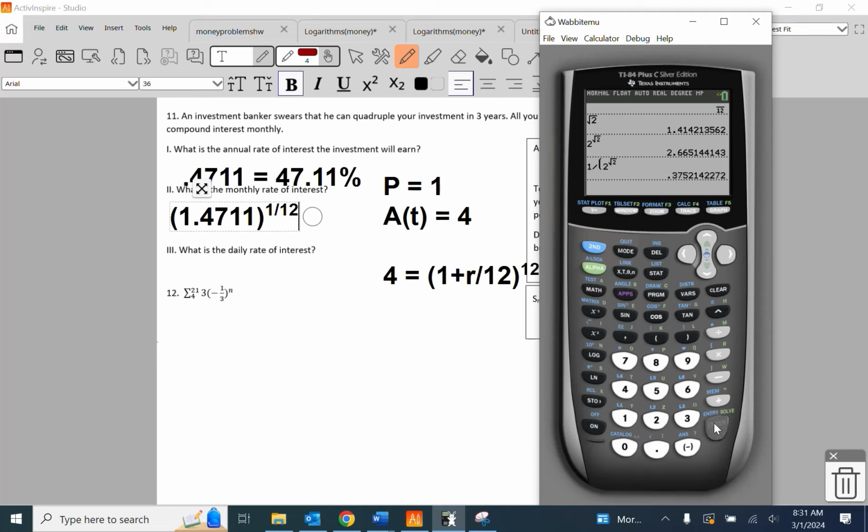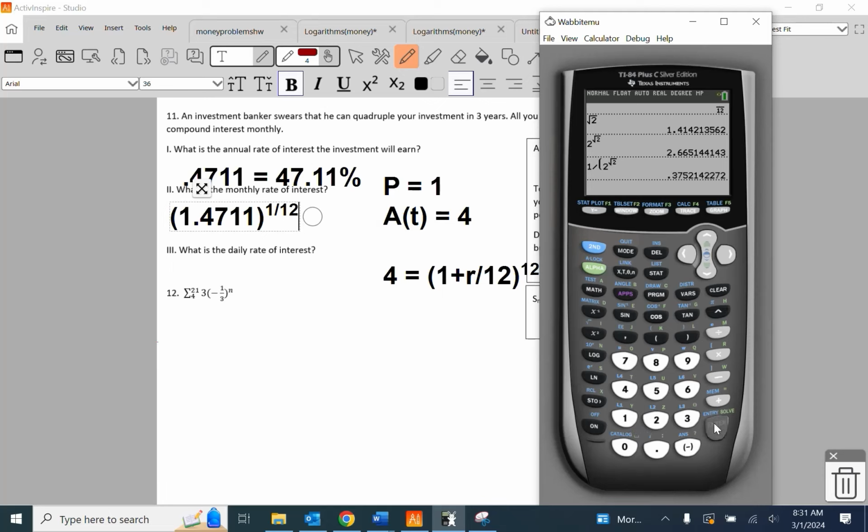So we have 1.03269. And what we're going to do is subtract the 1. Take away the 1.